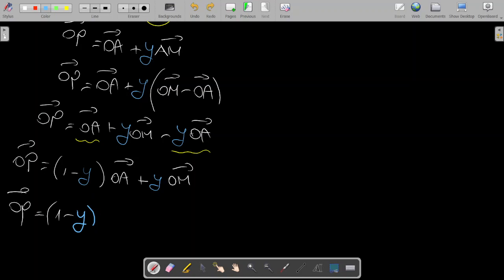Okay, it's the same glitch. I'm gonna fix it just a second. So OA vector plus what? Plus Y multiplied in what? The OM. We said that the OM can be described as what?